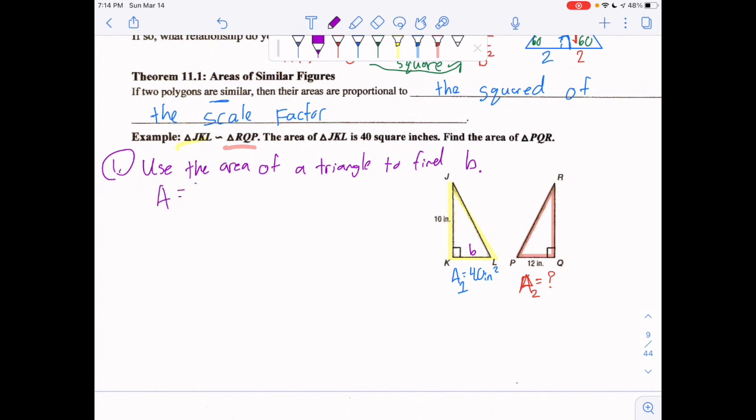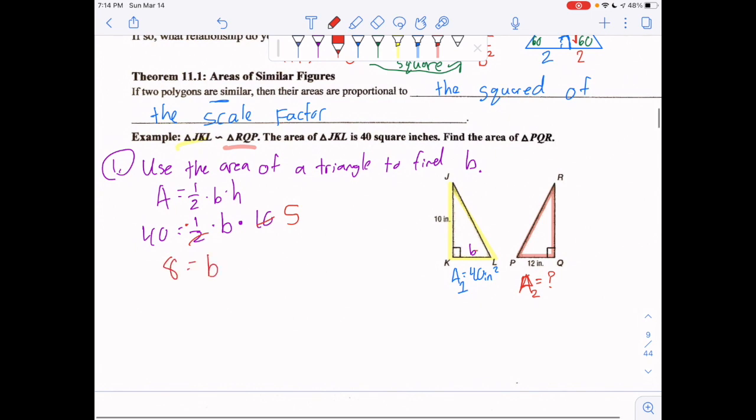Area of a triangle equals 1/2 base times height. You know your area is 40. 1/2, my base is what we're trying to find. The height is 10. You can just cancel it, this is 5. Divide both sides by 5. Your b should be 8. Okay, so your base here is 8.